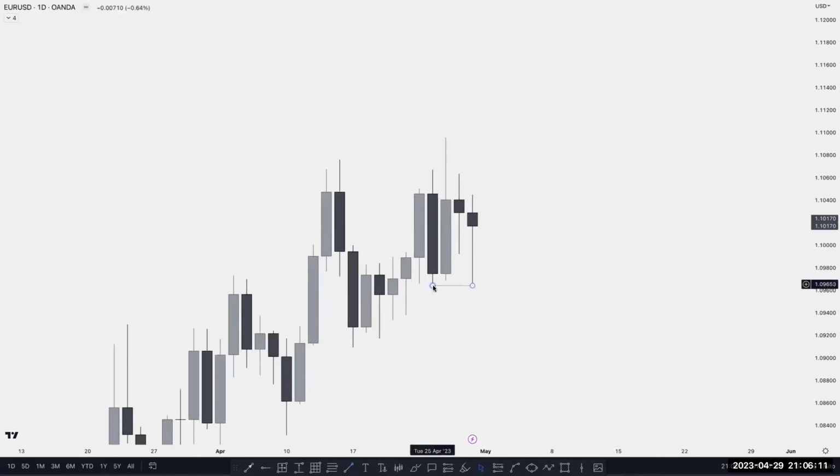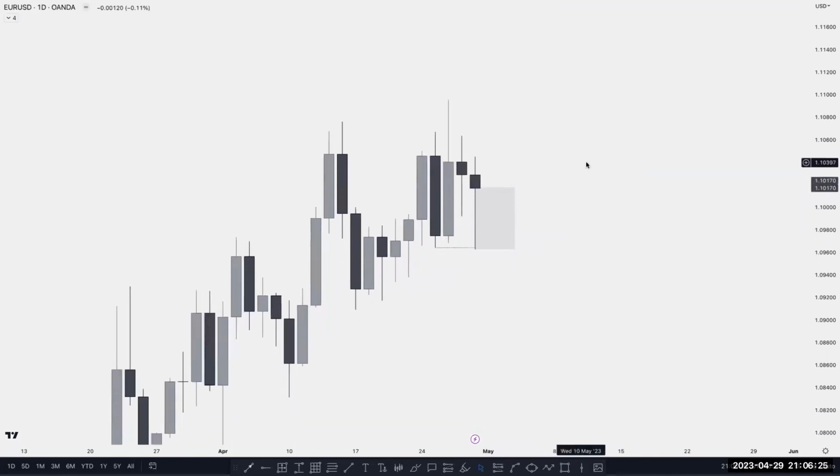This one is an inducement actually, because this is a pullback upside. Taken out the inducement. Short term, we can see some continuation to the upside possible.